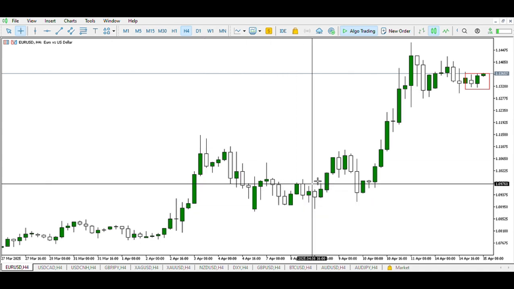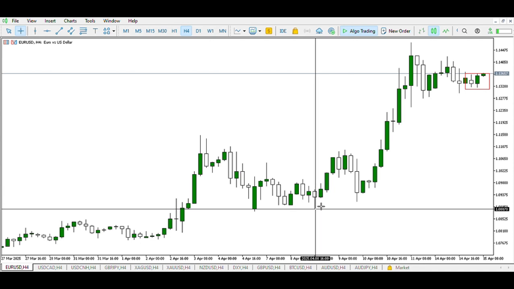There are three types of analysis. We have the fundamental analysis, technical analysis, and sentimental analysis. The fundamental analysis takes into consideration events, news, geopolitical events, and other factors that shape the market overall.